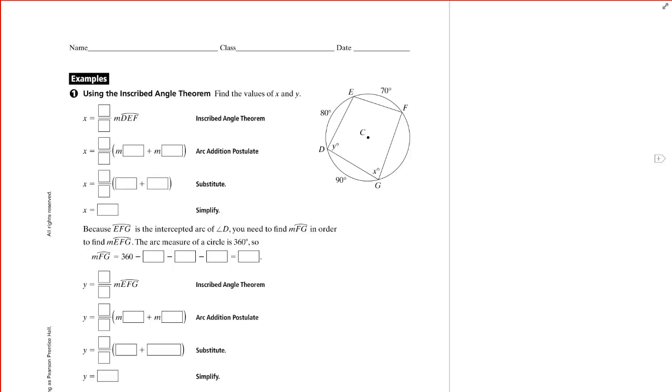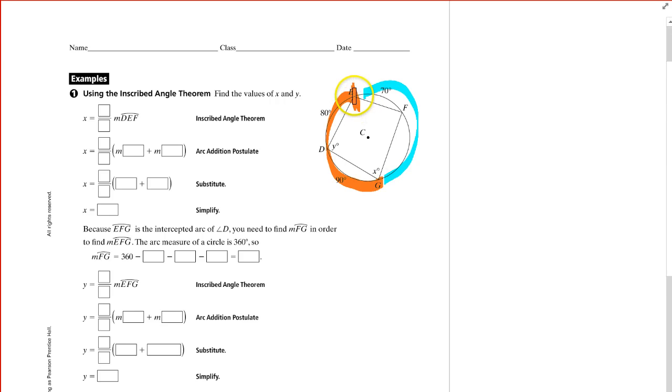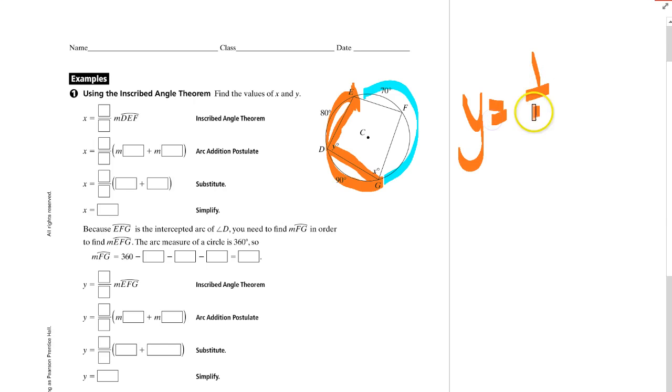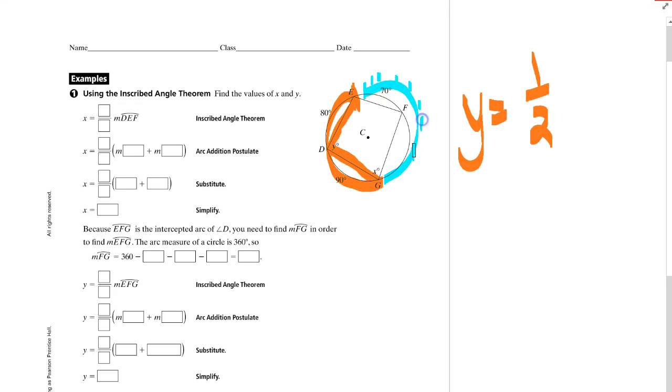Let's use the inscribed angle theorem now to find some of these. So, little quick review here. What are we talking about? We know that from here to here is part of a circle. From here to here is the rest of the circle. So when I look back at the angle inscribed in a circle, this angle measurement will be half of this blue arc.